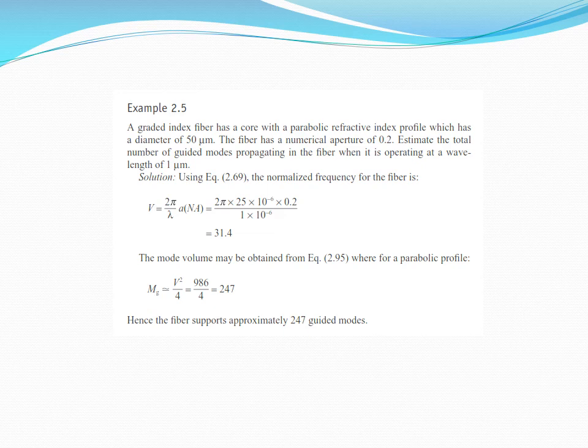Taking that into consideration, MG is equal to V square by 2 into alpha divided by alpha plus 2, that is 2 divided by 2 plus 2, which is 1 by 2. So V square by 2 into 1 by 2 gives V square by 4. This is the number of modes. We approximate it to the next higher value so that these many modes can propagate in such fibers.